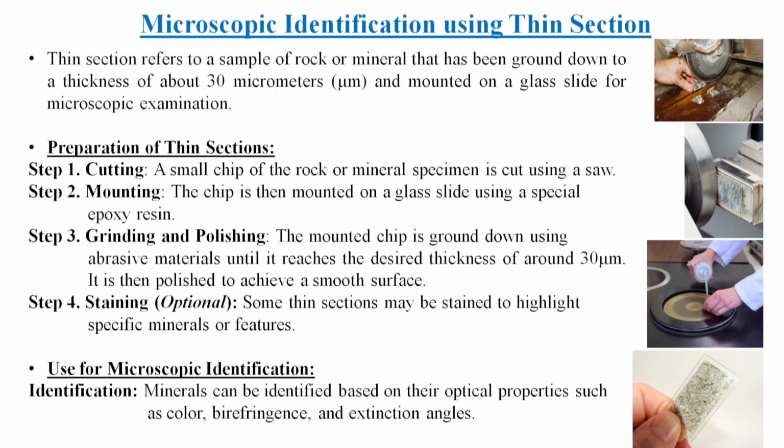You can't take an instrument as heavy as your XRD, or build a laboratory with sophisticated instruments like EPMA in your field so that you can take some sample and directly analyze. Even the optical microscope is not possible, because first you need to prepare a thin section of a mineral or a rock so that you can study it under the microscope, and that is not directly possible in the field.